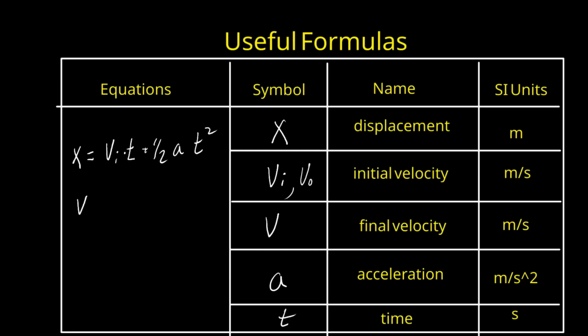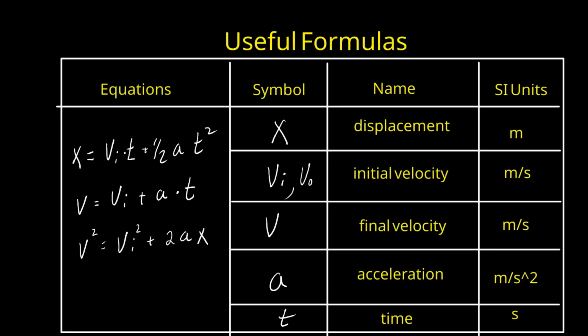The final velocity is equal to the initial velocity plus acceleration times time. Or I can say the final velocity squared is equal to the initial velocity squared plus 2ax.